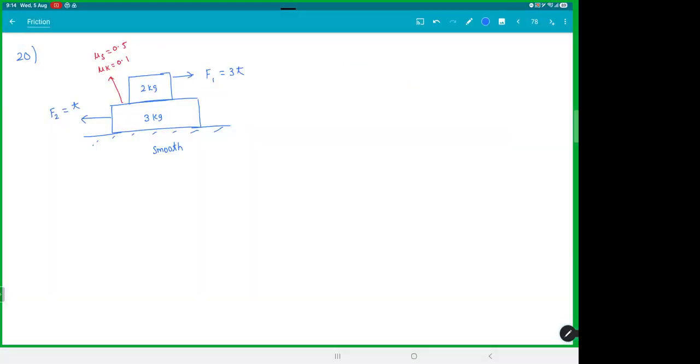Let's assume they're going together. So this will be 3t minus t is equal to 5a. There's no other force, so acceleration will be 2t by 5.